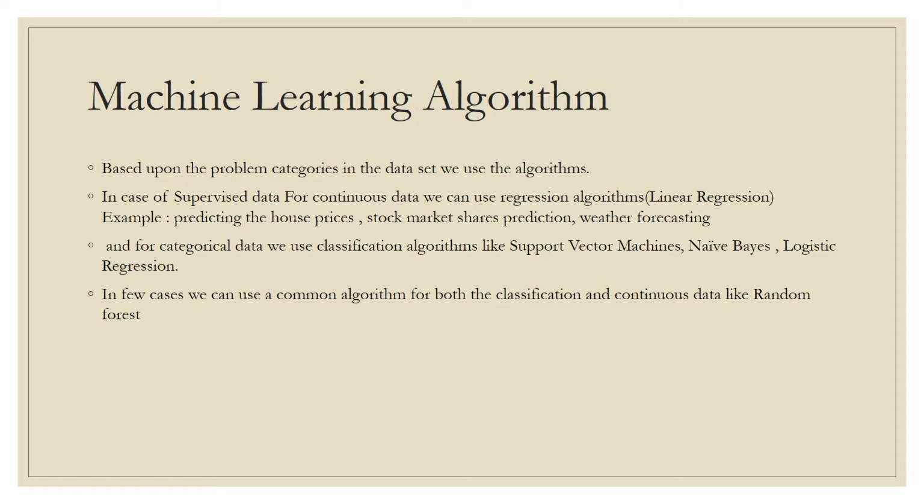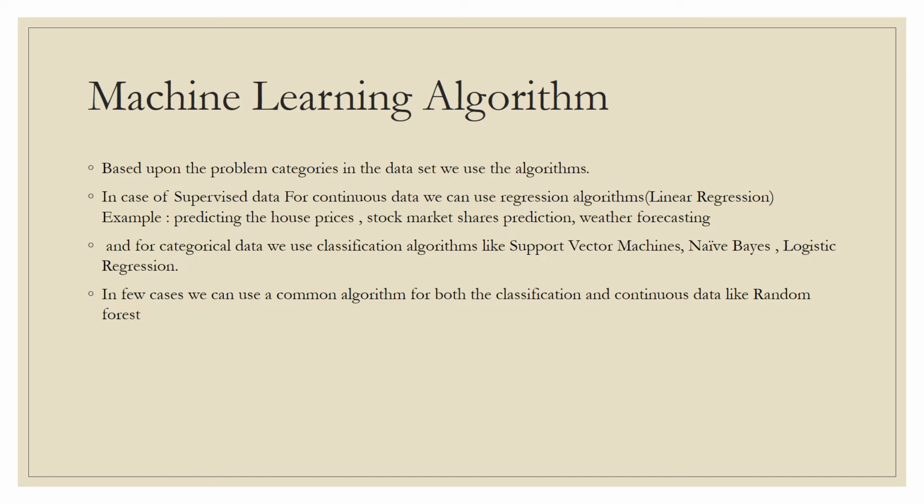Now the discrete data is also known as categorical data. This categorical data is in the form of either 0 or 1, true or false, or yes or no. That means you can categorize things and you can easily come up to a conclusion. So the algorithms for these are support vector machines, naive Bayes, which we shall discuss later on.